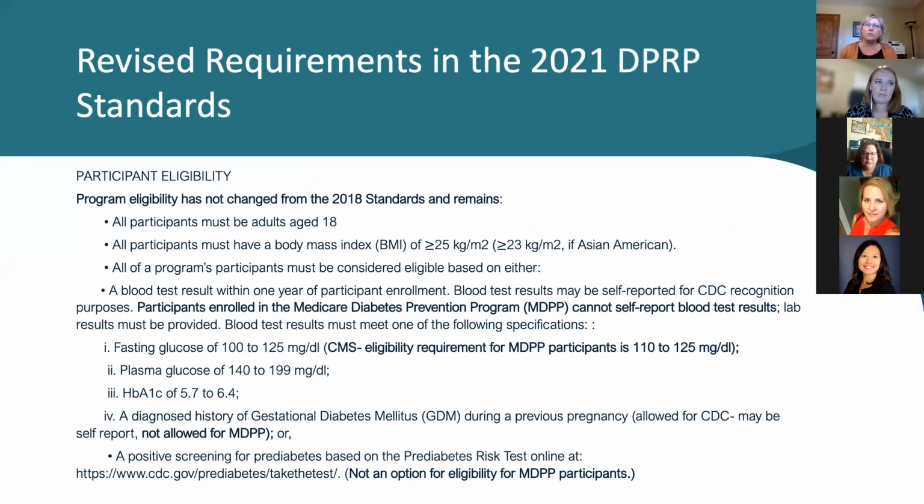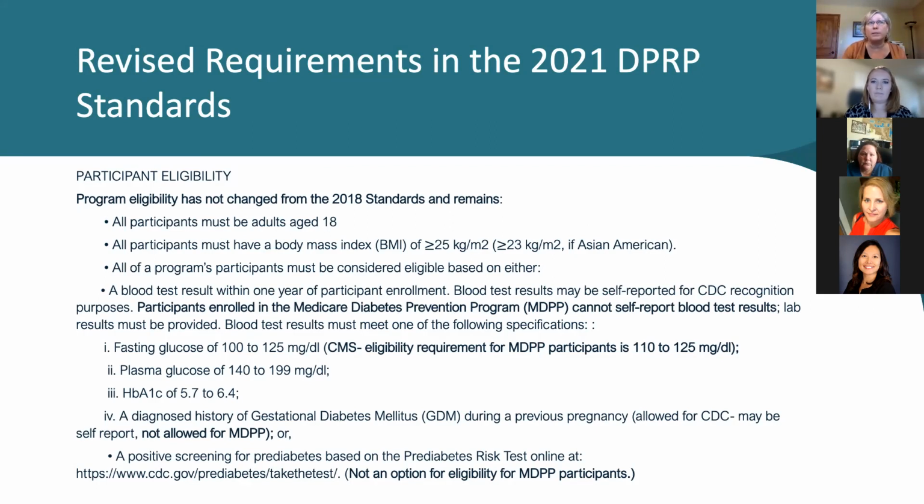So to start this overview, participant eligibility has not changed from the 2018 standards, and it remains the same. You're probably already familiar with those eligibility standards. Participants have to be 18 years of age and older. Participants need to have a body mass index of 25 or greater, 23 or greater if Asian American.